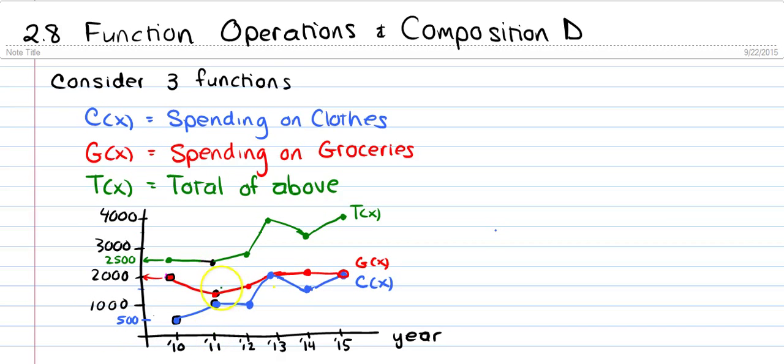Let's look at the year 11. C of the year 11 looks to be $1,000. G of the year 11 looks to be a little less than 1,500, maybe 1,300. Oh, maybe it is 1,500.